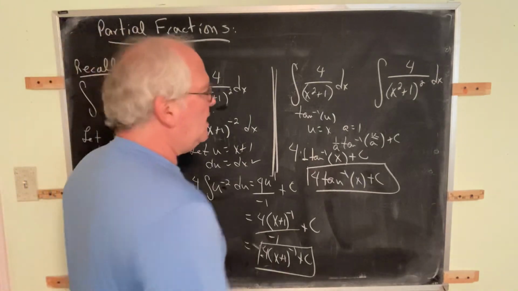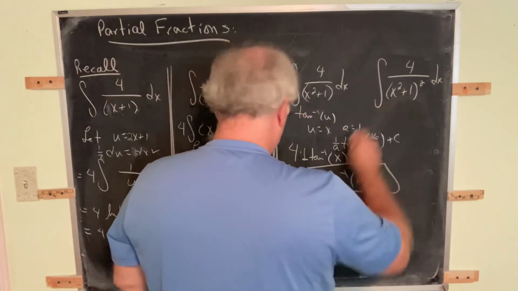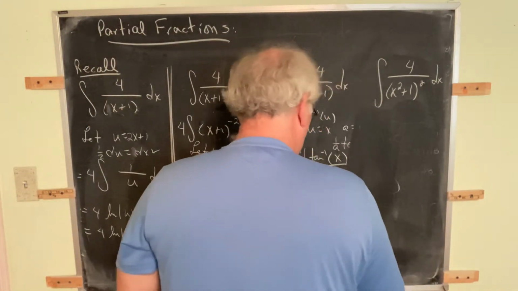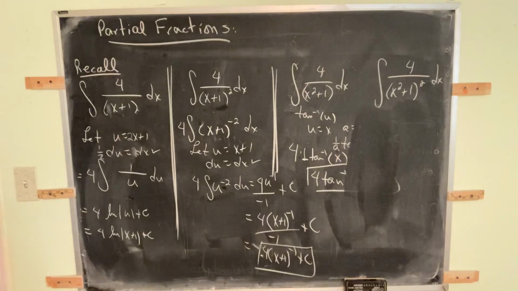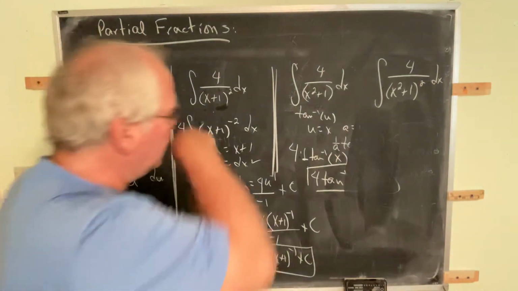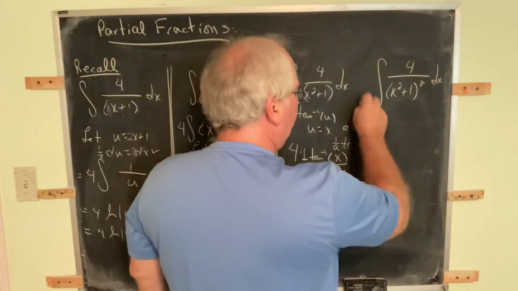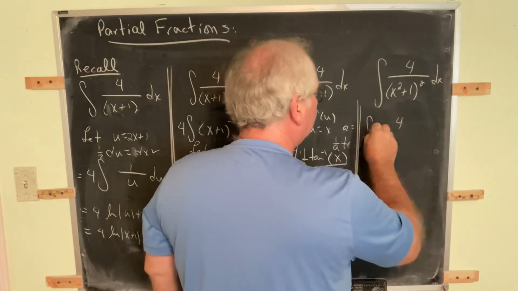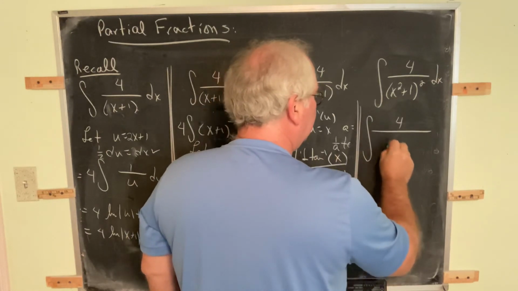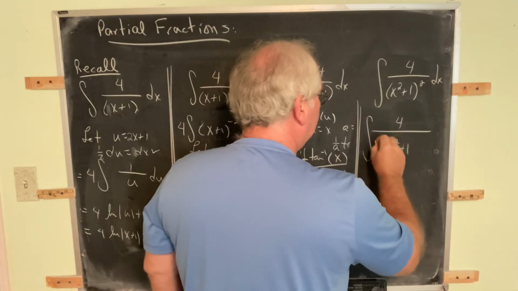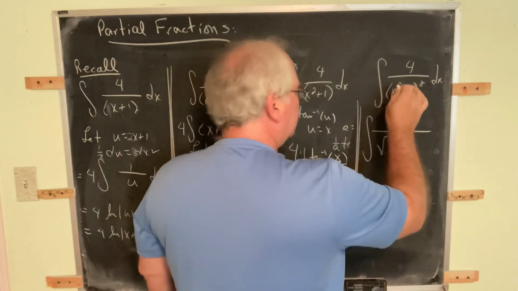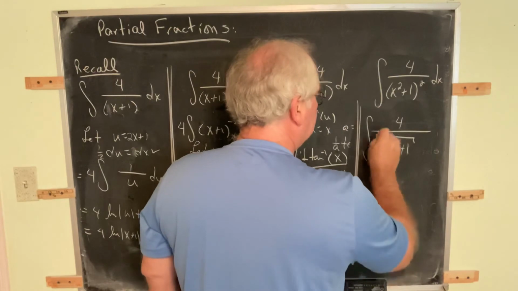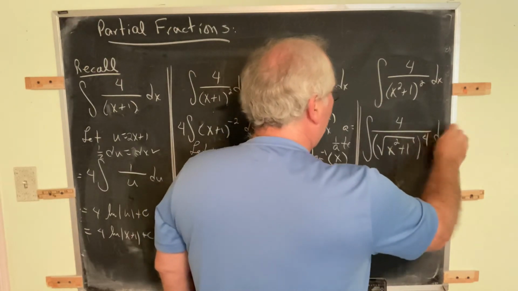All right? And then the last piece. Recall what we did with our trig substitution. We can rewrite this as x squared plus 1 square root, but a quantity to the second power we can rewrite as the square root to the fourth power.